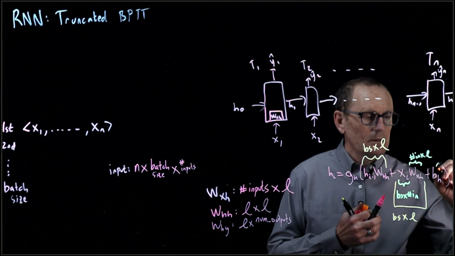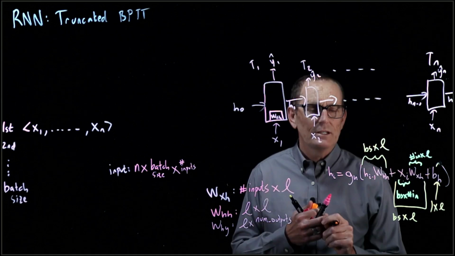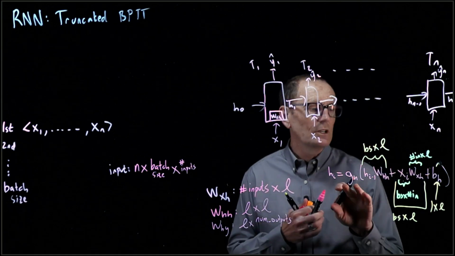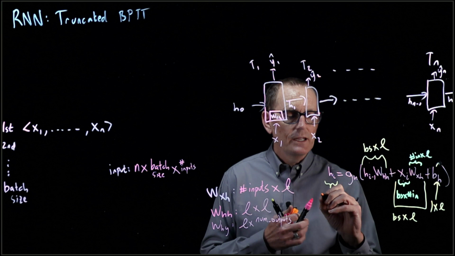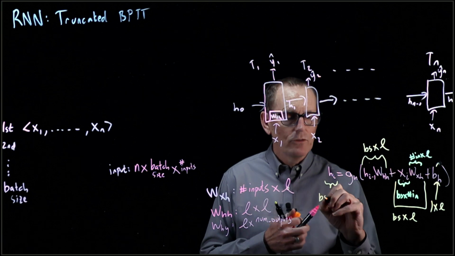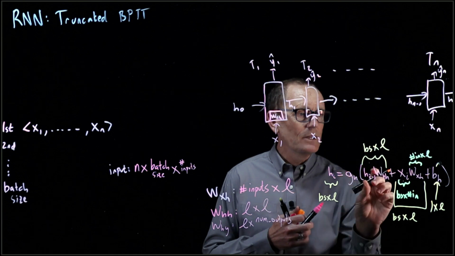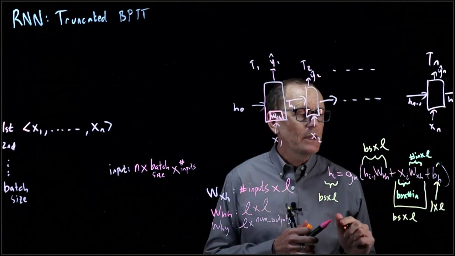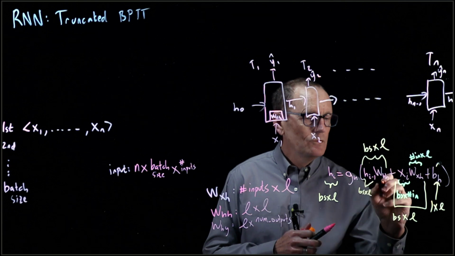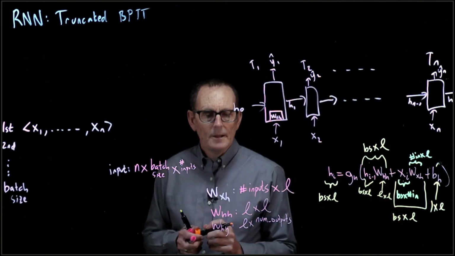And this one is going to be 1 by L, and will be broadcast under the batch size by L. We know that the activation function is going to keep the batch size by L, so therefore that tells us that h sub i is of the form batch size by L. And let's just make sure we're doing batch size by L, which is h sub i minus 1, multiplied by something of the form L by L, so that'll again give us a batch size by L. So this all works out.